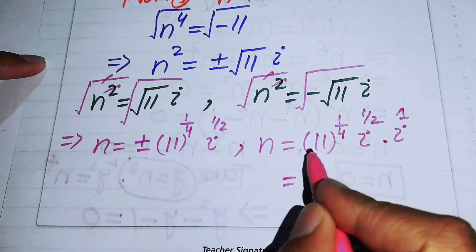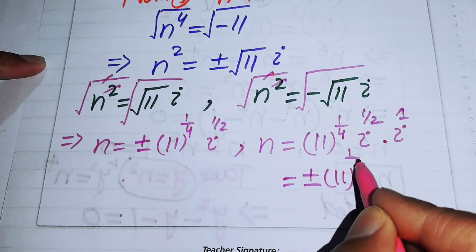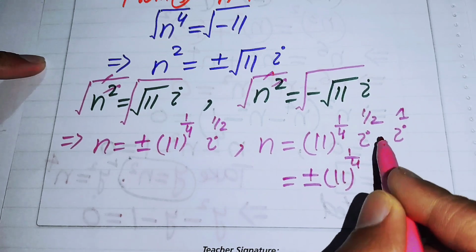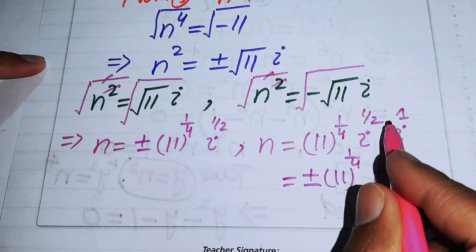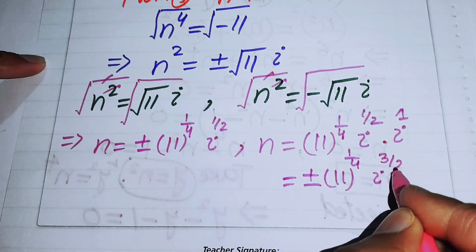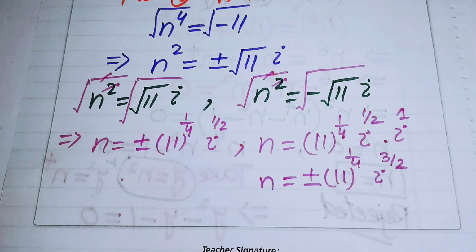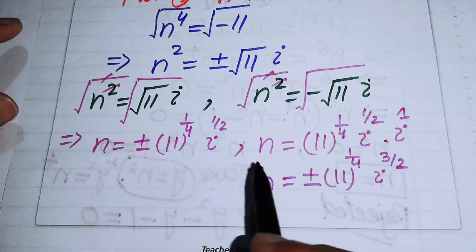So when you simplify this expression you will get plus minus 11 and its whole power 1 over 4 into iota to the power of, we will add these two exponents, and you will get iota and its whole power 1 over 3. So these are the other two roots of the given equation.